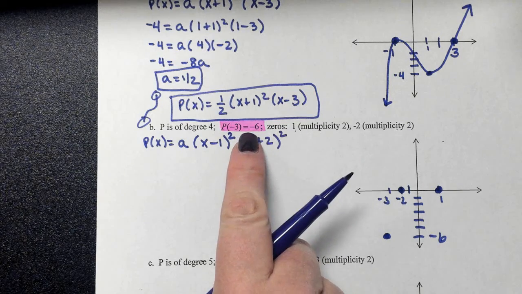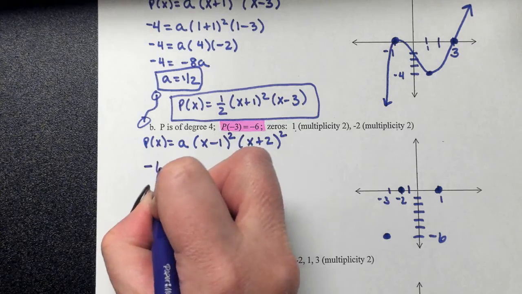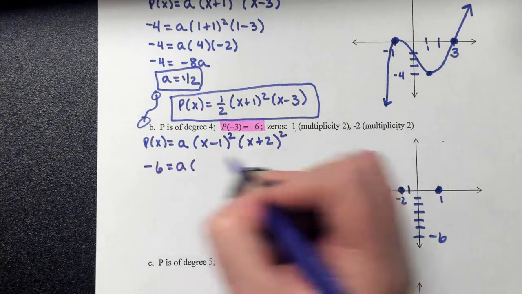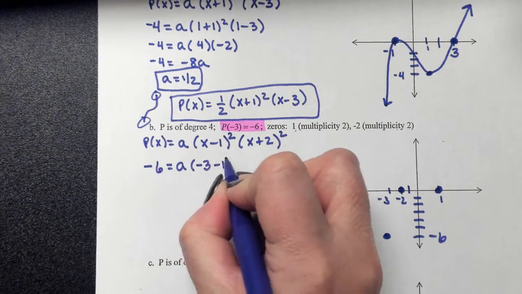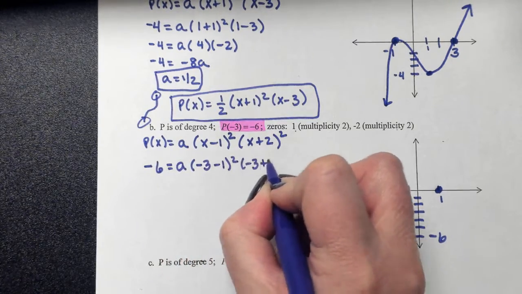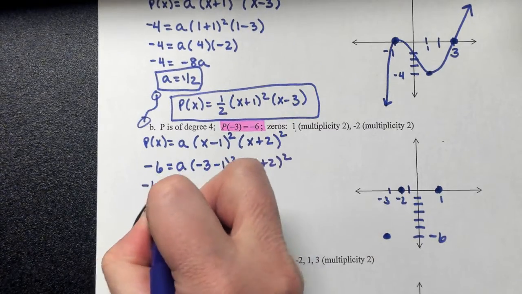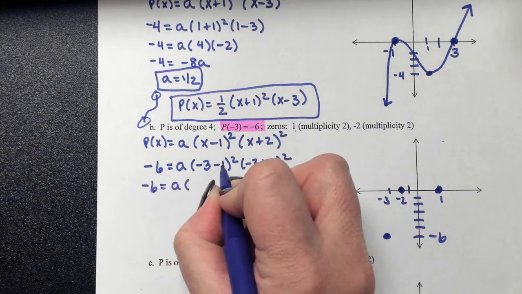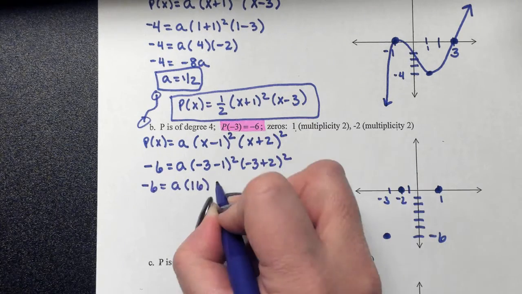So I have to plug in the point they're giving me, which is -3 for x, -6 for y. So -6 is equal to a times my x value, -3, so -3 minus 1 squared times -3 plus 2 squared. So -6 is equal to a. Again, this is -4 squared, which is 16. -3 plus 2 is -1 squared is 1.